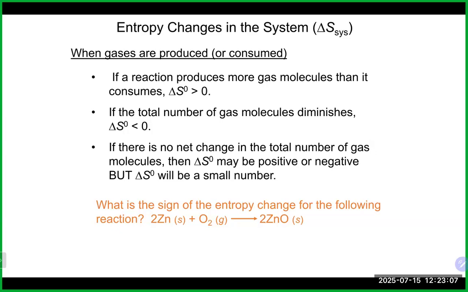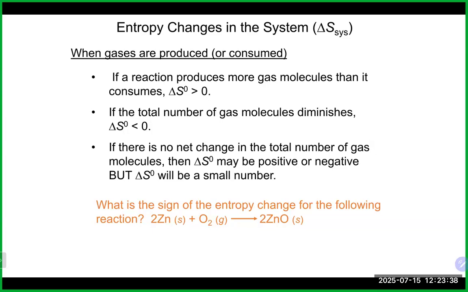So one way that you can look in terms of order increasing or decreasing is by looking at the gas molecules like we just did in that last example. If you actually end up with more gas molecules than you started with, then the opposite would have happened. We would expect our delta S for that reaction to be more positive because we're going from less gas molecules to more gas molecules, and that could cause a lot more disorder and a more positive value for delta S.